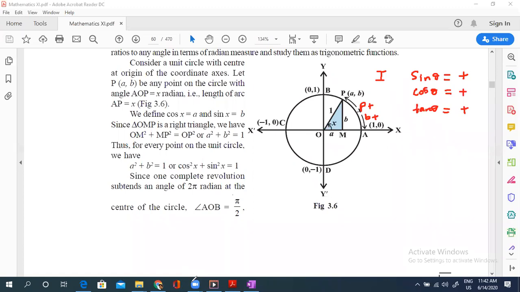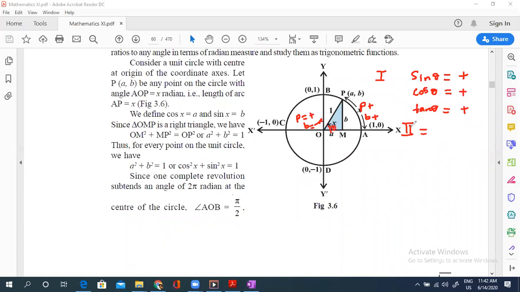Now, what do you think about the second quadrant? This is your second quadrant. So perpendicular is positive and base is negative. And this I'm taking as theta.